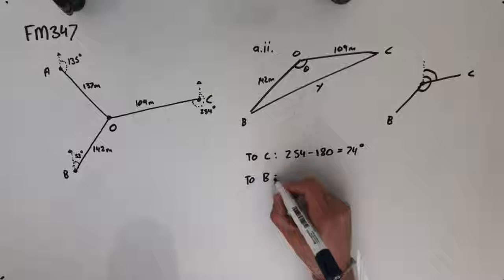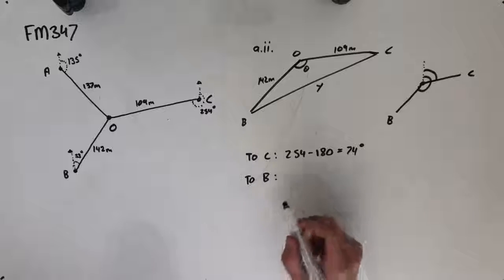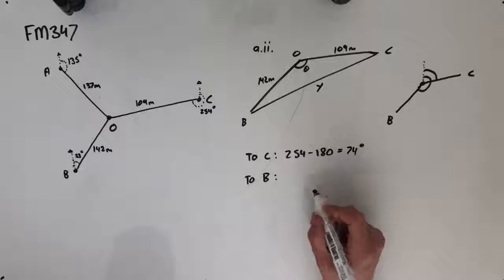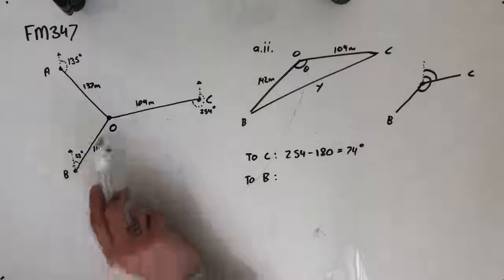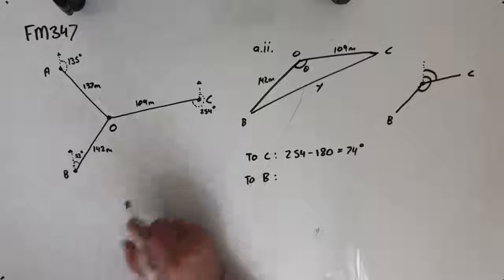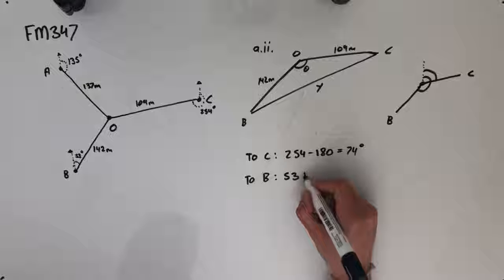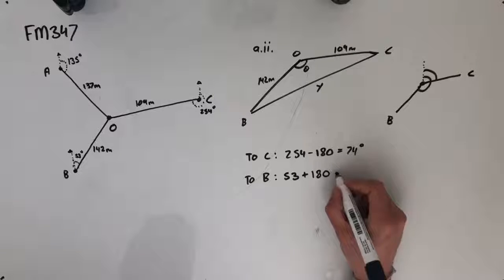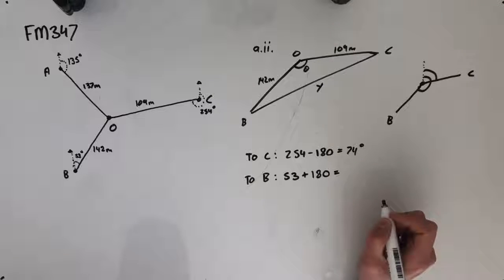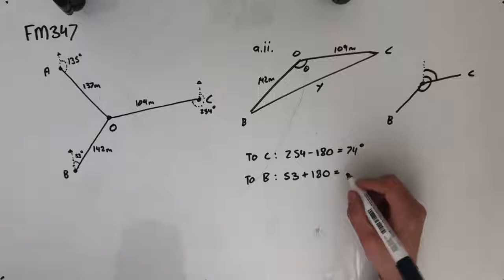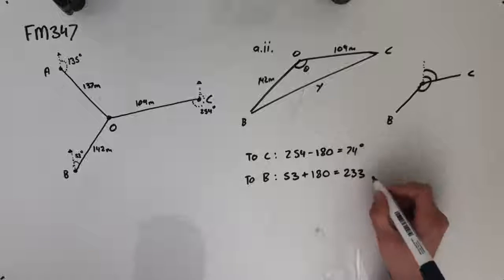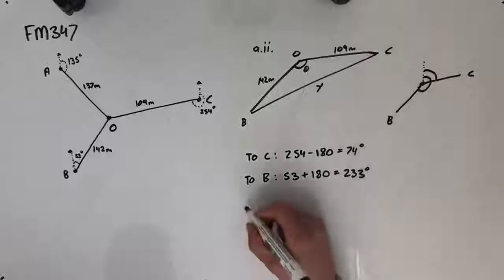Now looking at the bearing to B, we've got a bearing from B to O of 53 degrees. Because this is under 180 degrees, we're going to add 180 degrees to it. So the bearing from O to B is going to be 233 degrees.